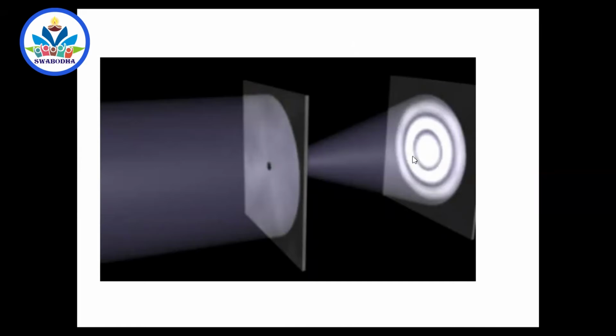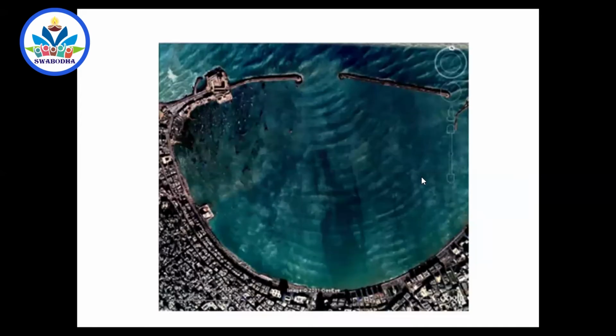But the brightness of the circular patches will be less and less as you move outside. That means the next maxima produced by the diffracted beams will not be very strong. That we have known, and this is already explained.